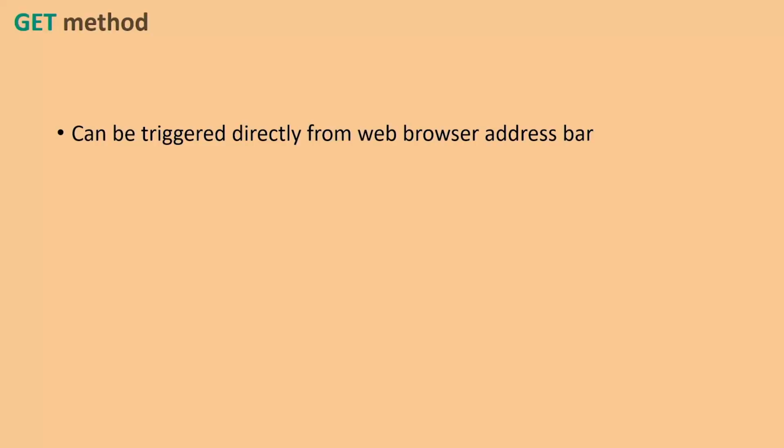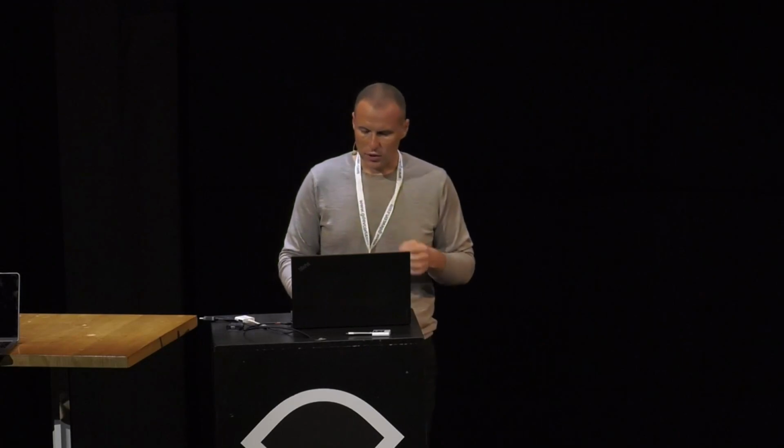It doesn't have any body though, so the only thing that it accepts when you want to push some data to the server is the URL encoded parameters that I was speaking about on the previous slide. But it has a great feature that it can be triggered directly from the web browser address bar. So you don't need any tool to be able to call your API.